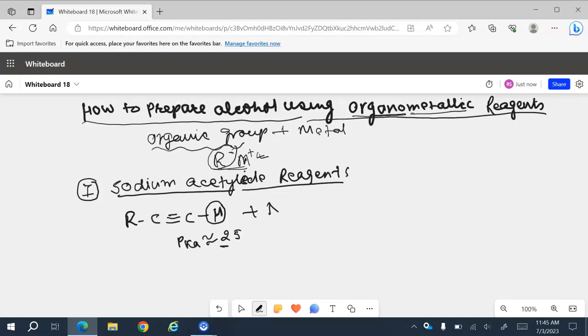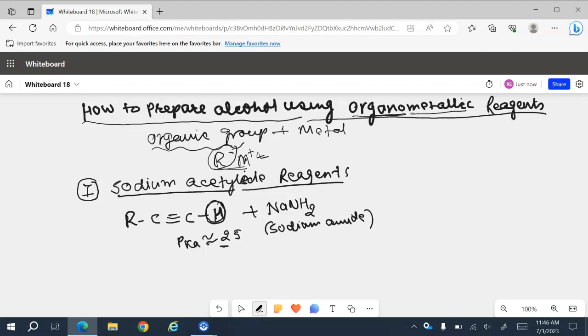Among those, one very important base whose name you need to memorize is sodium amide. Ordinary bases like sodium hydroxide or potassium hydroxide cannot deprotonate this acetylenic proton. For this, you need a very powerful base like sodium amide.